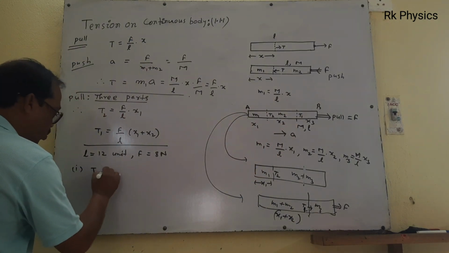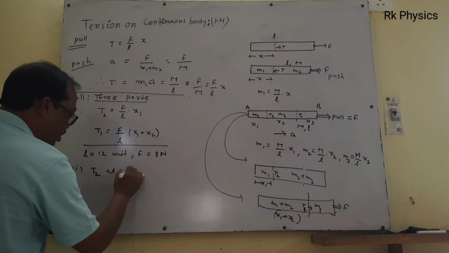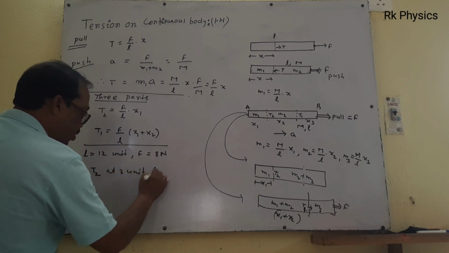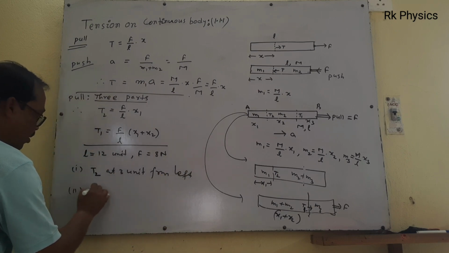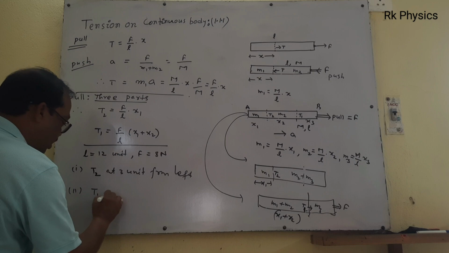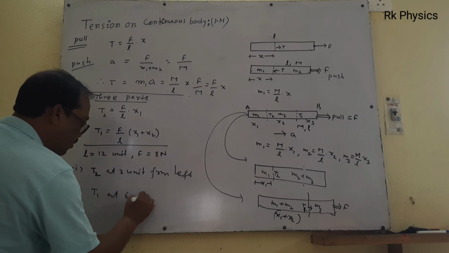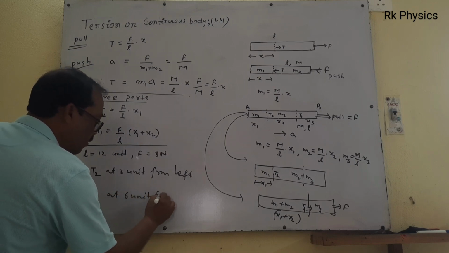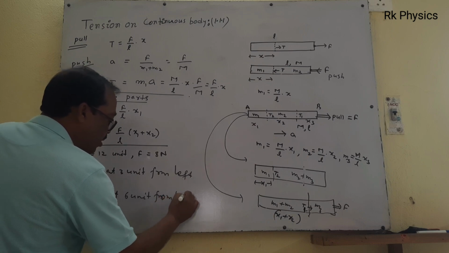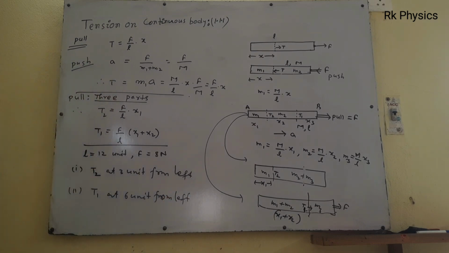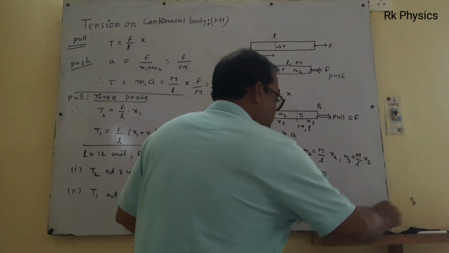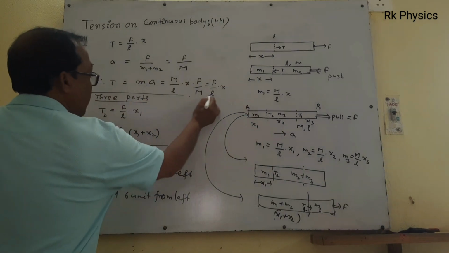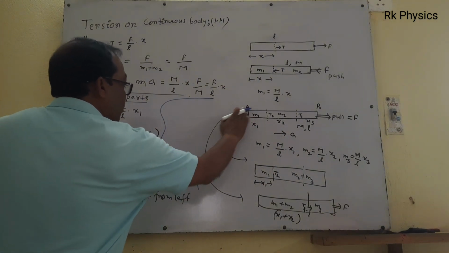Calculate T2 at 3 units from left. Then the second point, T1, is at 6 units from the left.